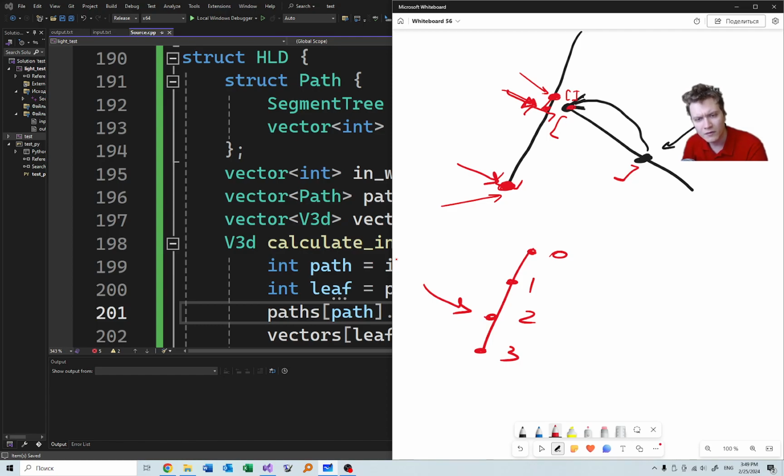Actually, if the path is of size 3, then there will be only two matrices, the matrix corresponding to this and to this. So if we want to come from 3 to 2, we only need one matrix. If the path consists of 4 vertices, then there are only 3 matrices.